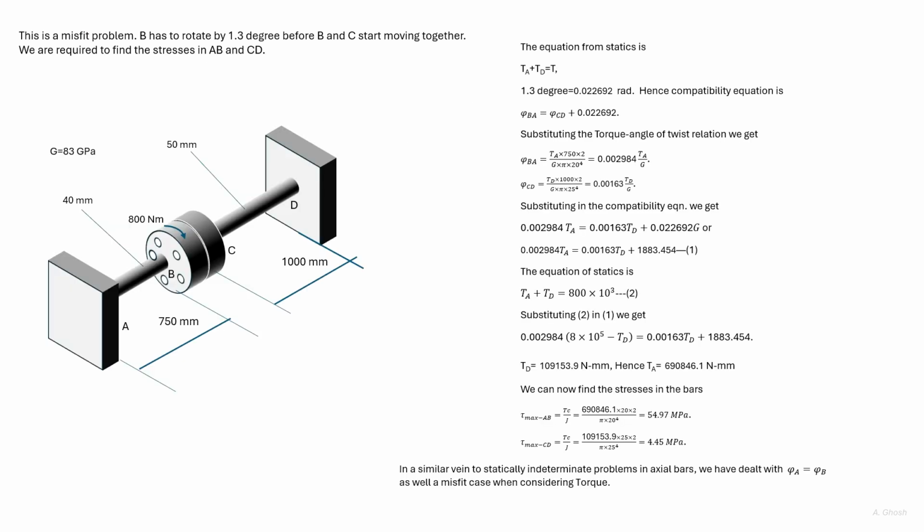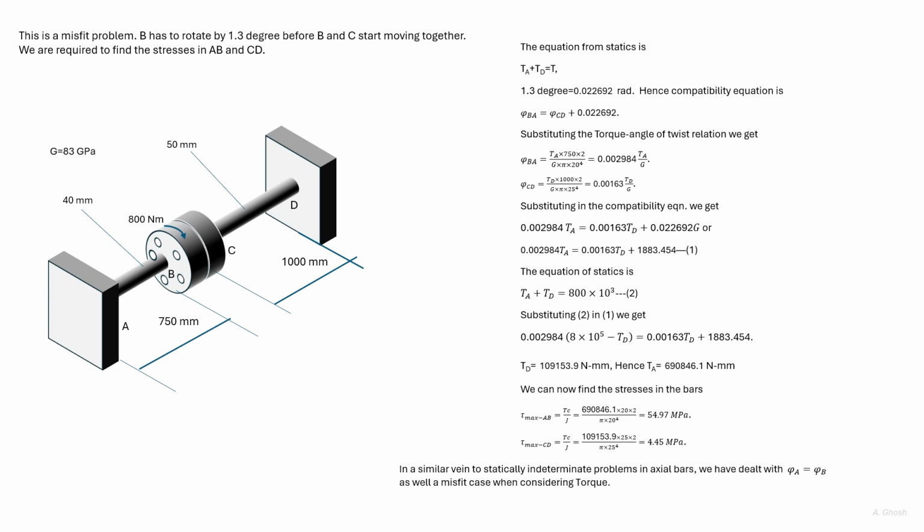While dealing with statically indeterminate cases of bars subjected to axial loads, we dealt with cases where the deflections were equal and the deflections were summed up to zero, among other cases. We also dealt with misfit cases where the difference of deflections was a finite value.